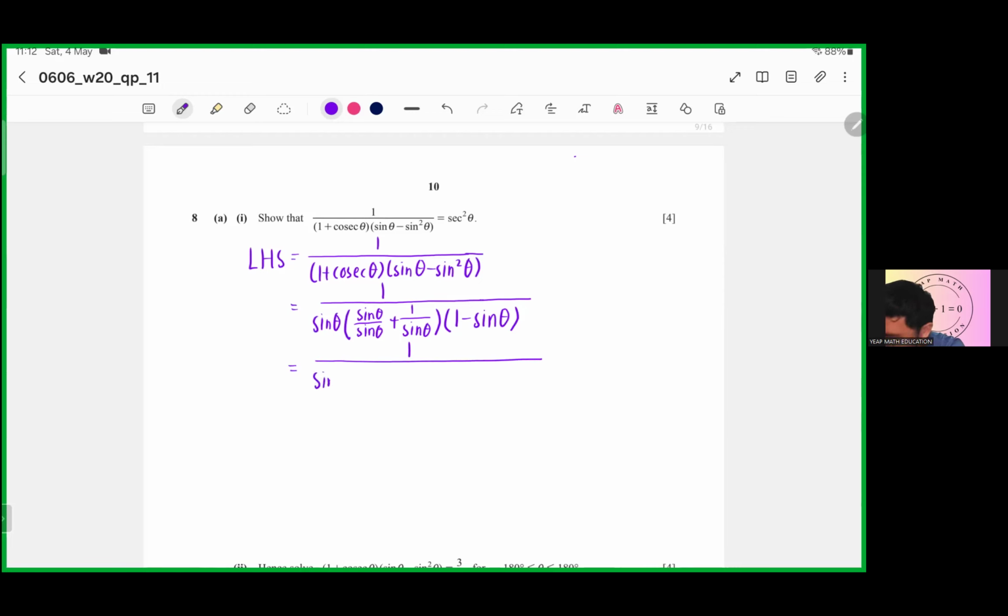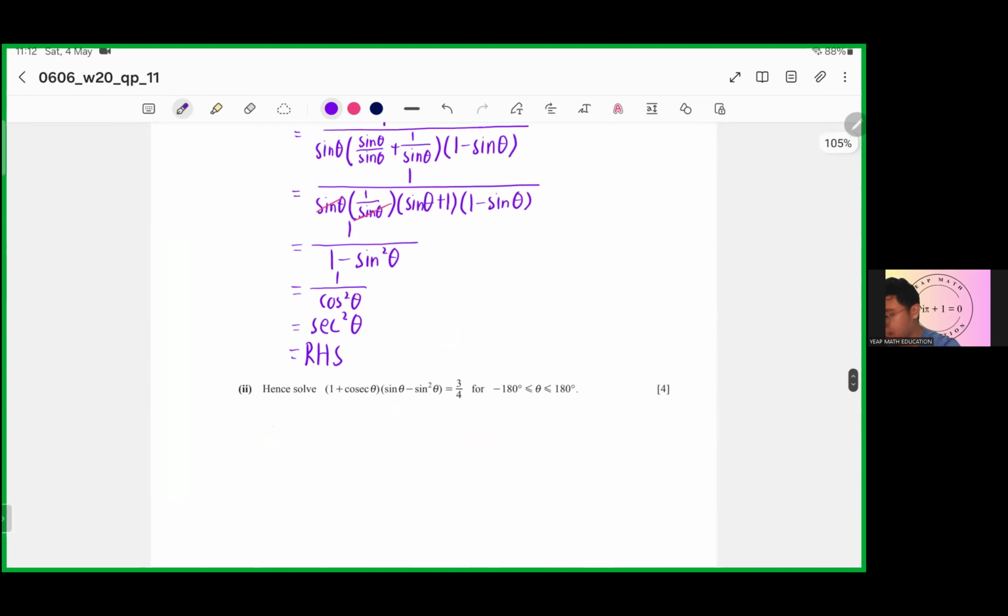Sine theta bracket 1 over sine, and then here we write sine plus 1, and then here we write 1 minus sine theta. Okay, so this part we already solved. And then we see the next part. 1 over 1 minus sine squared, so equals 1 over cos squared equals secant squared. So equals the right hand side.